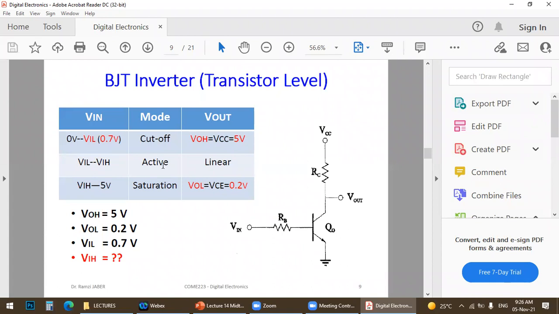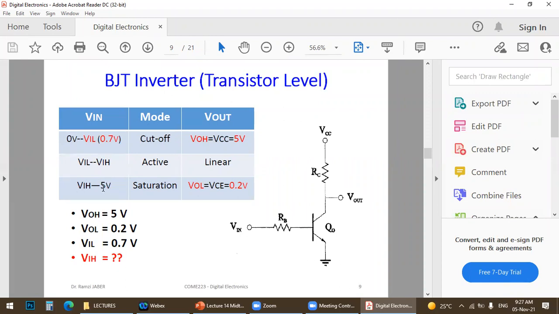Linear mode, forget it, between the input low and the input high. Here the input low will be less than 0.7 volt, on the edge of 0.7 volt. Between 0.7 and something else will be active mode or linear mode. Above the input high up to 5 volt, this is called high volt.